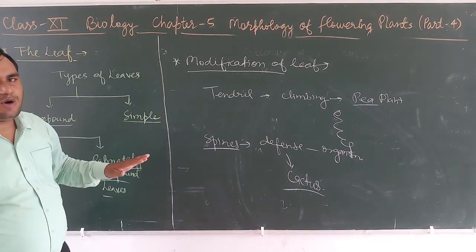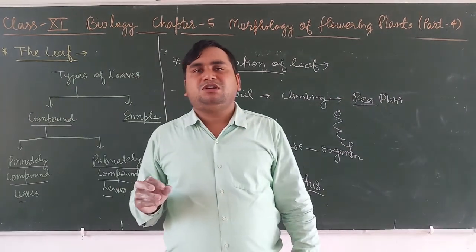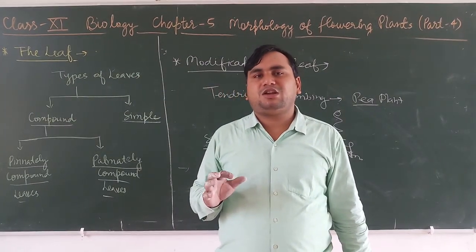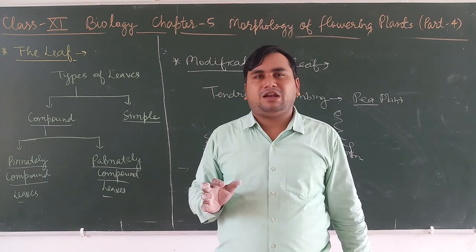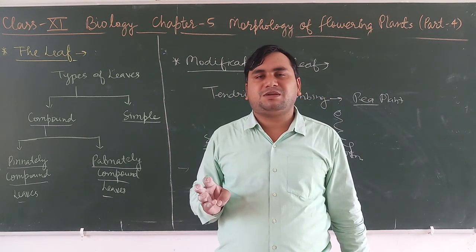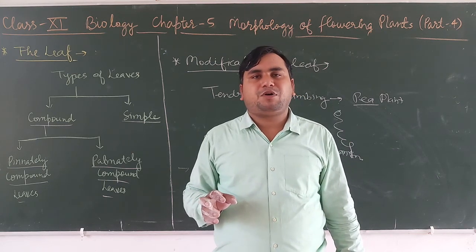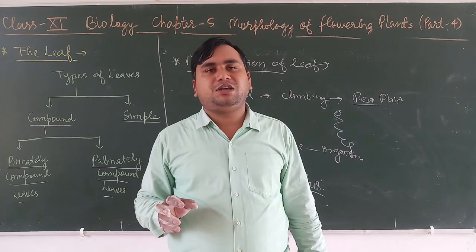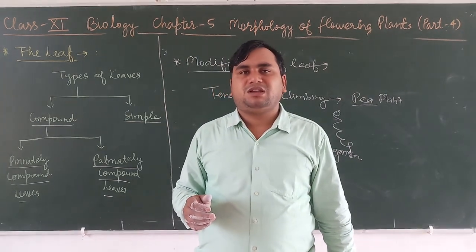This is all about leaf. In the leaf, we generally learn that leaves are generally green in color. They do the process of photosynthesis, so it is known as the kitchen of the plant. And types of leaves: simple leaf, compound leaf. In the compound leaf, pinnately compound leaves and palmately compound leaves. And next one is the phyllotaxy.